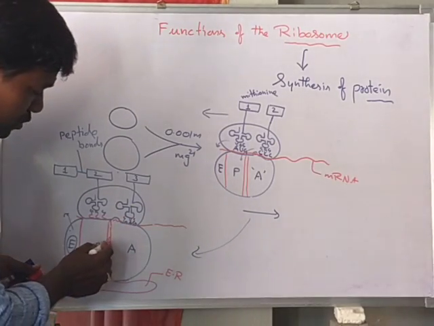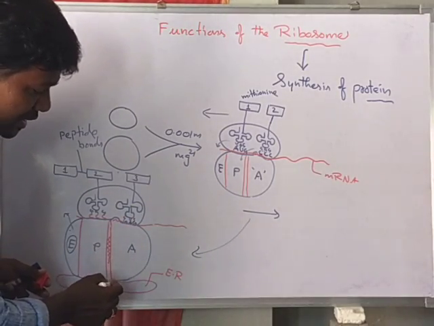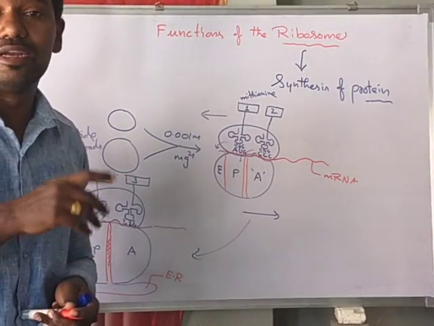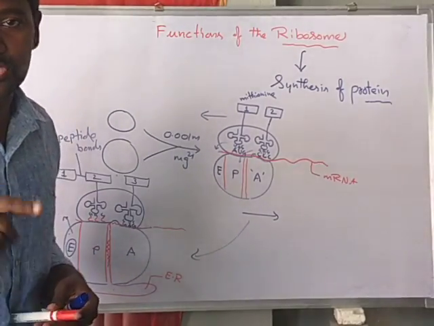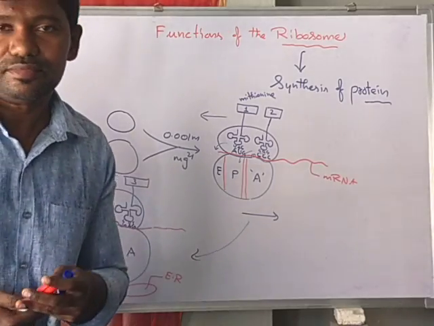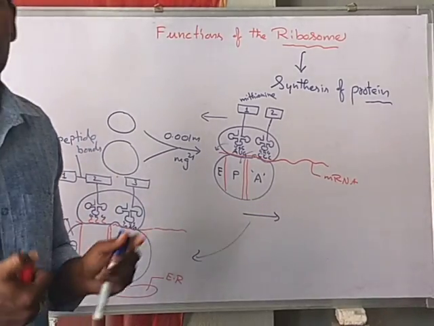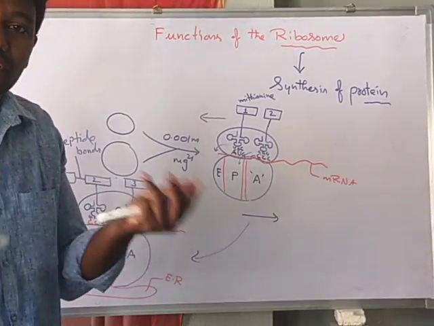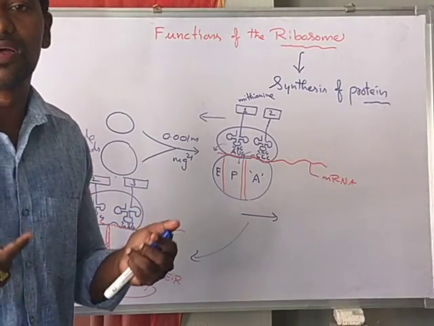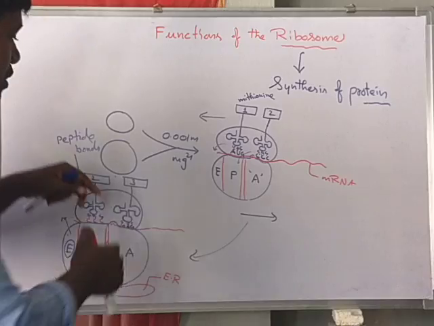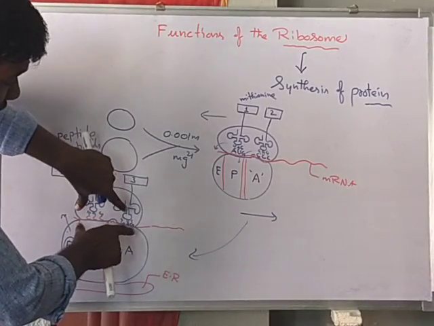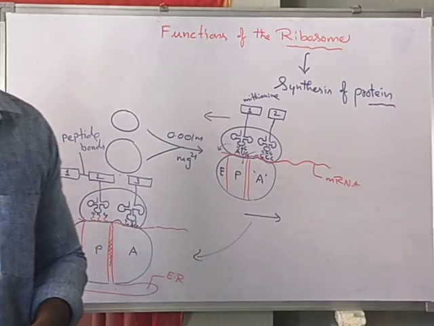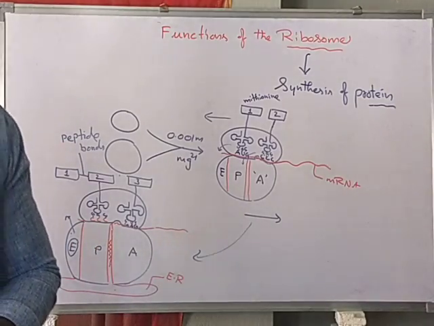From the endoplasmic reticulum, the proteins are transported to the Golgi apparatus. After the synthesis of proteins, the two subunits of the ribosome remain separate. So this is the mechanism of protein synthesis.